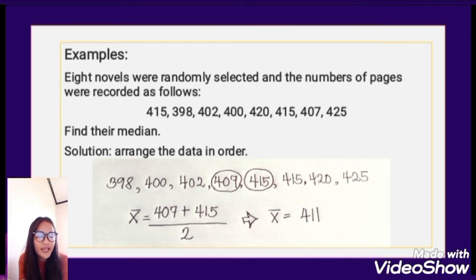As you can see, I arranged the data in ascending order. The given data is even, so we have two middle values. But take note, the median is only one value. We need to add 407 plus 415, divided by 2, which equals 411. That's the median.